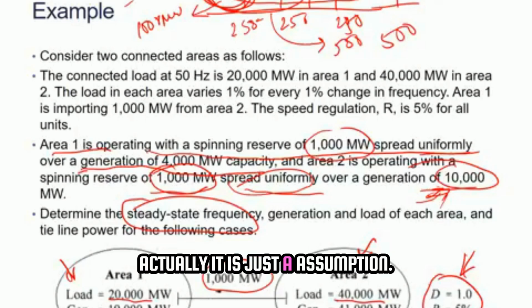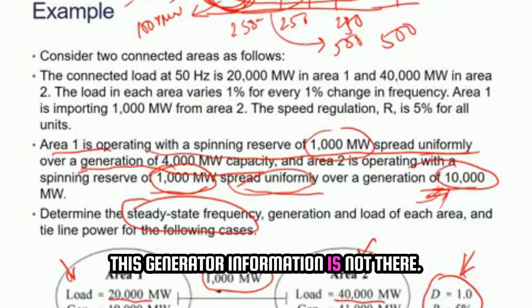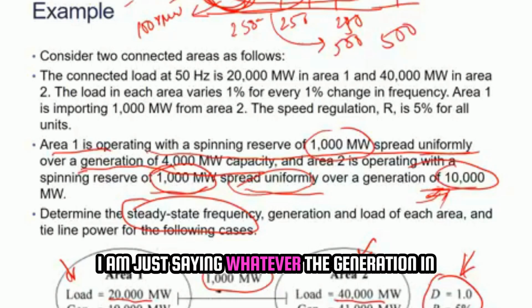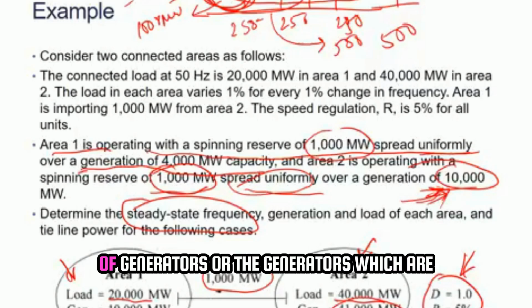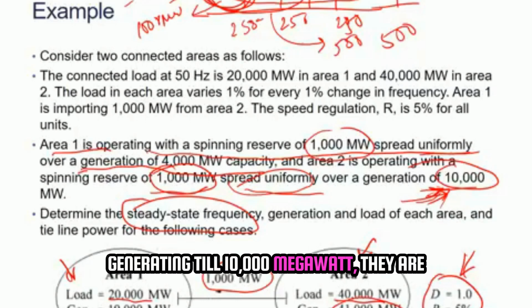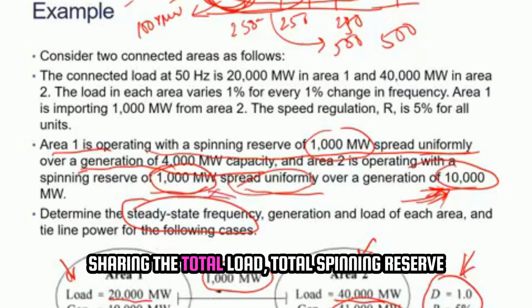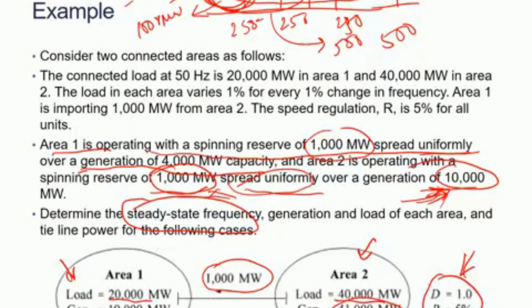Actually, it is just an assumption. This generator information is not there. I'm just saying whatever the generation in 41,000 megawatt, among that only 10,000 capacity of generators, or the generators which are generating till 10,000 megawatt, they are sharing the total spinning reserve of 1,000 megawatt. So that is the simple question.